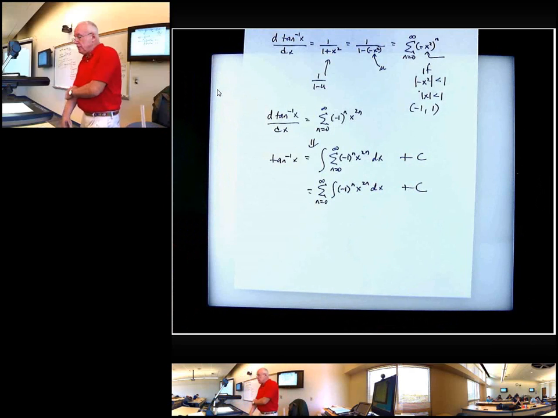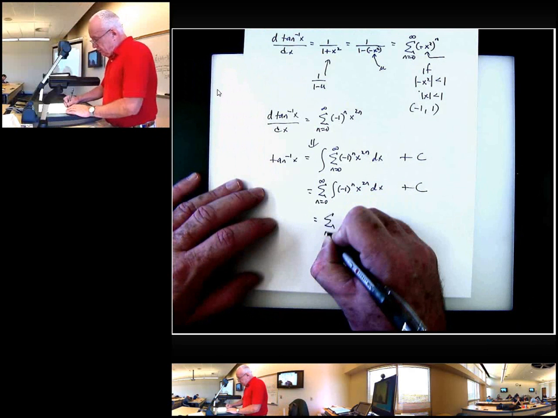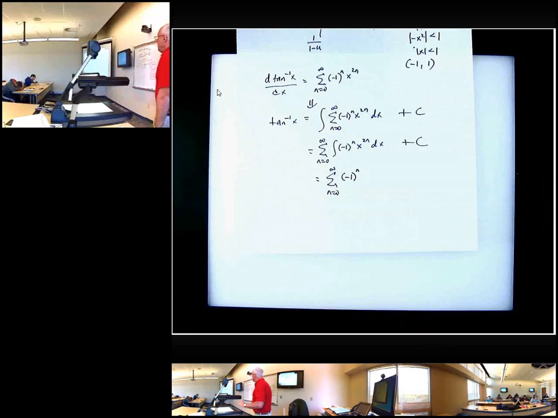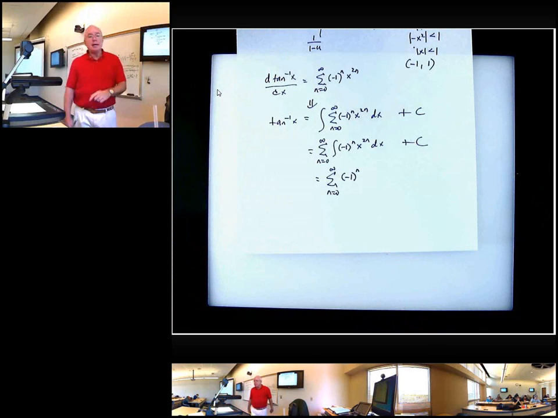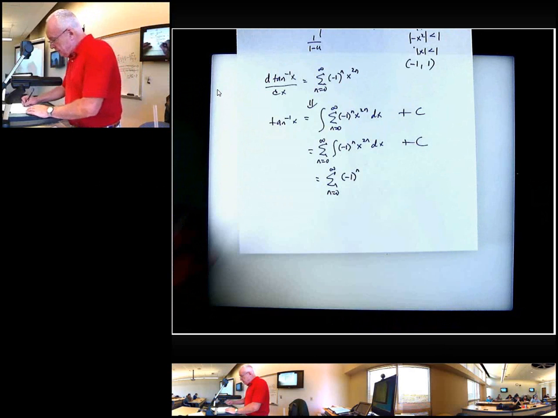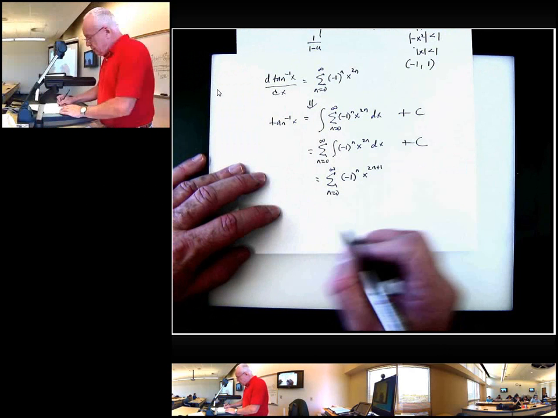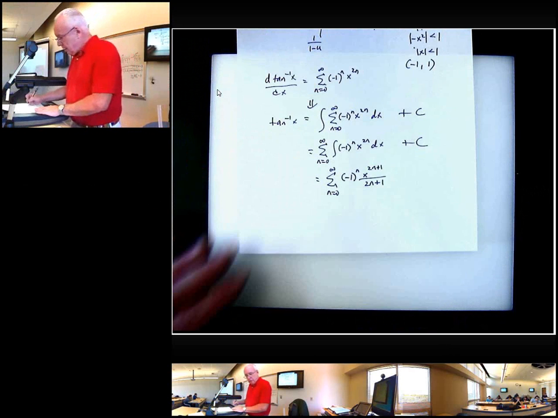And then do the antiderivative. So this is the summation. Okay, again, I'm not going to be fiddling with the minus 1. That's going to stay minus 1 to the n power. But then I raise my exponent by 1 and divide by the same. So this is x to the 2n plus 1 divided by 2n plus 1. Okay, plus our c.